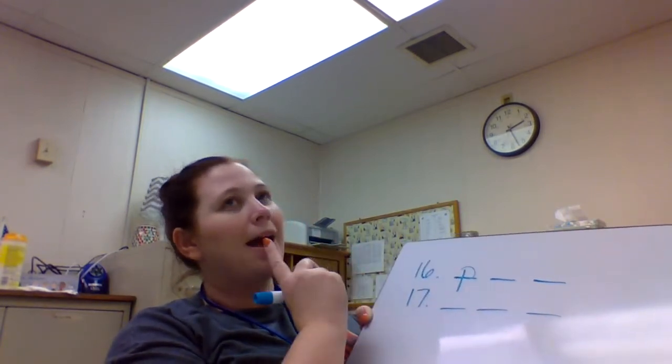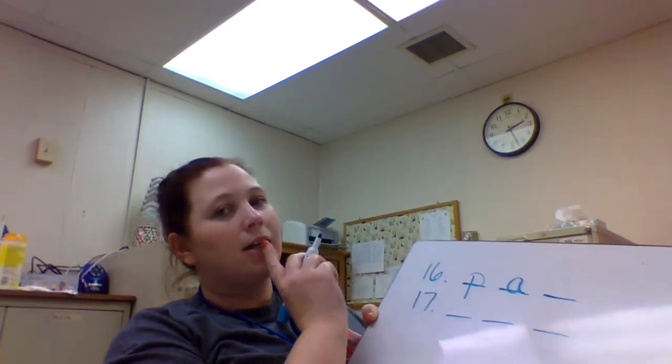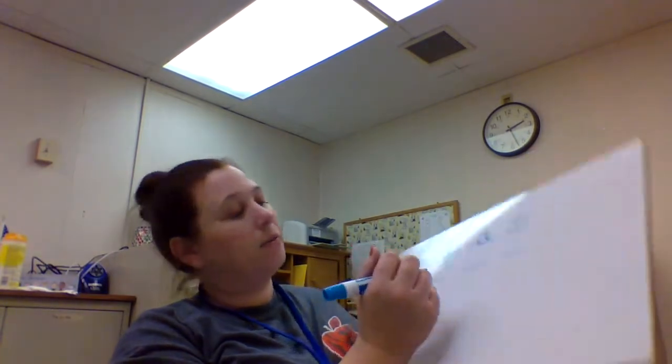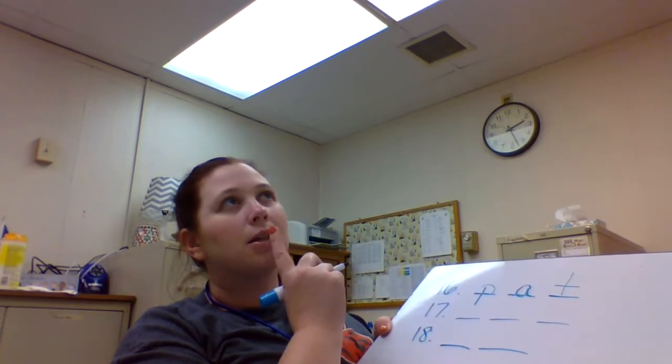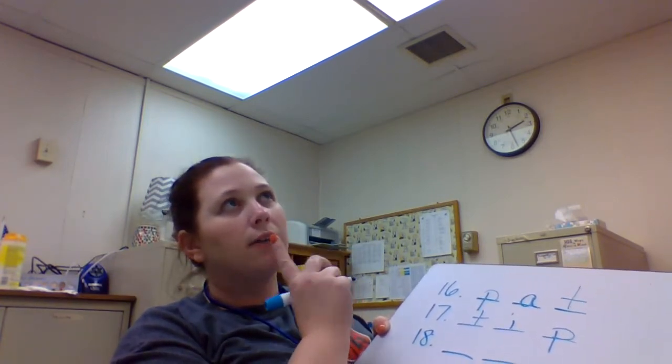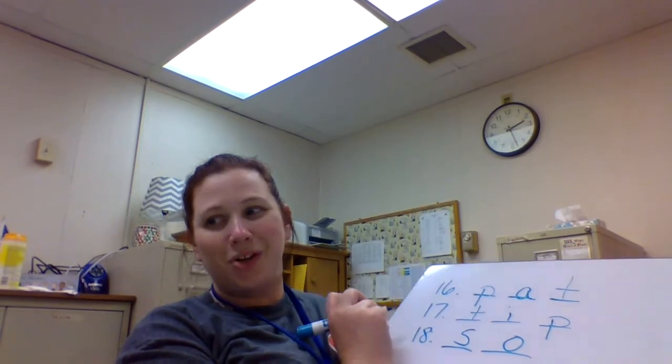P, A, T. All right, the next one is tip. T, I, P. Again, we have 3 spots. We're going to write down our T, I, and P, tip. All right, our last word is so. S-O. All right, good job.